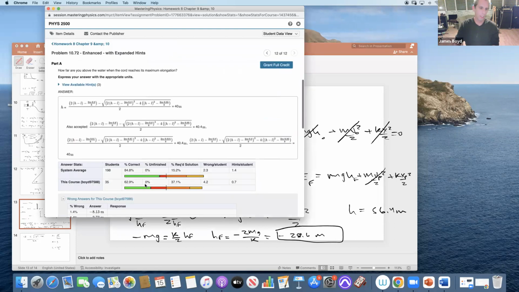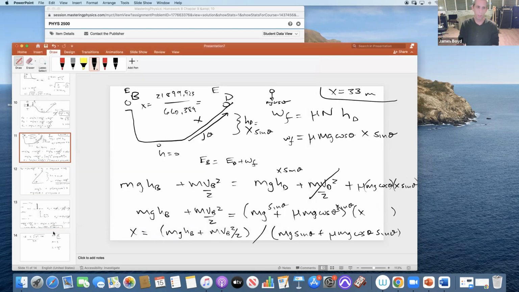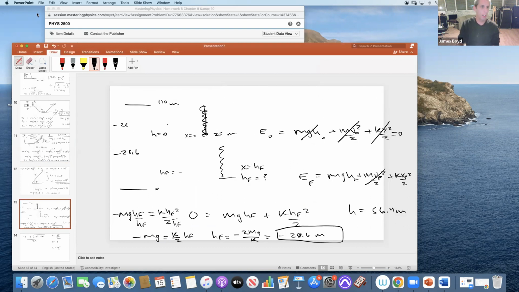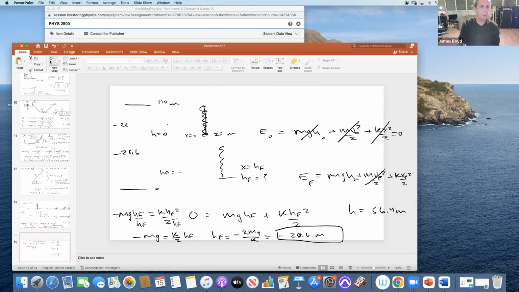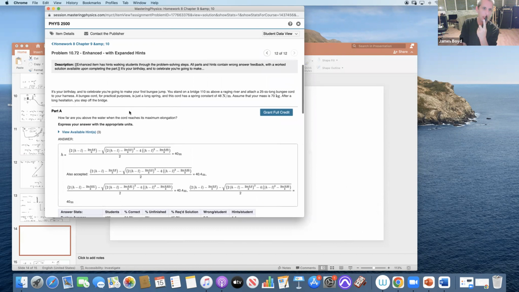I don't know what they're doing here. Why did they get 40? What did I do wrong? Okay. Let me try that again. So they, 2 mg.